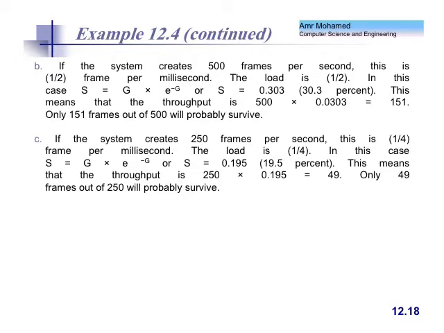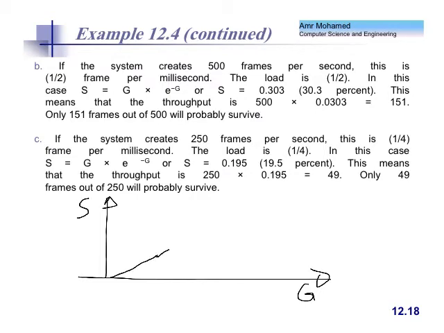If we were to draw the two techniques together, it will look like this. If this is G and this is S, the pure Aloha will be something like this, and then at G equal 1/2 it will start decaying.